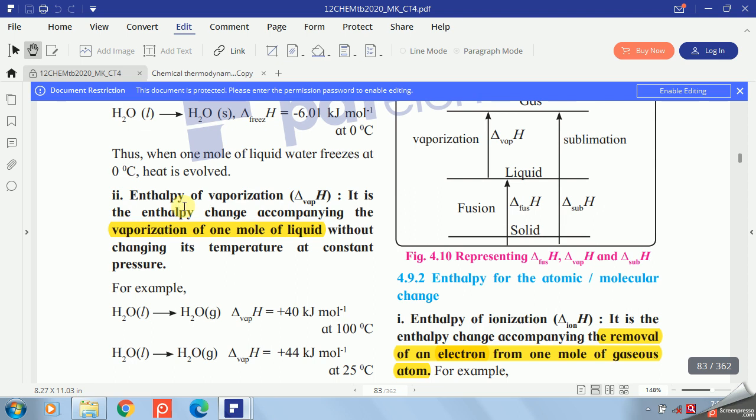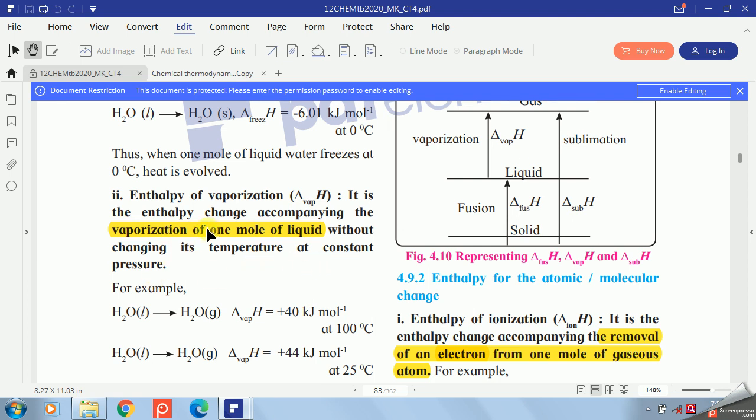Now next is enthalpy of vaporization. Vap is written as a subscript for delta H. What is the enthalpy of vaporization? Enthalpy change accompanying the vaporization of 1 mole of liquid without changing its temperature at constant pressure.